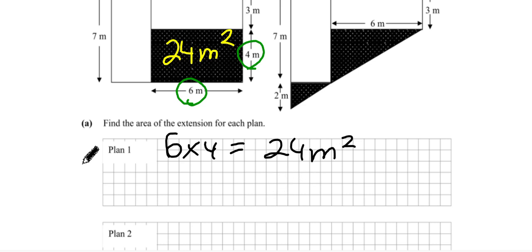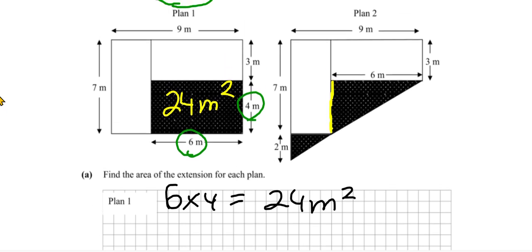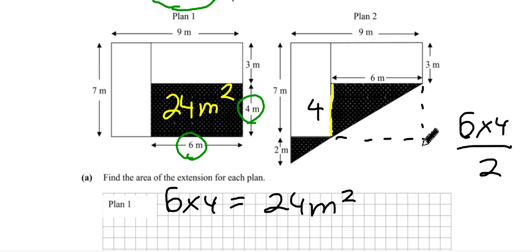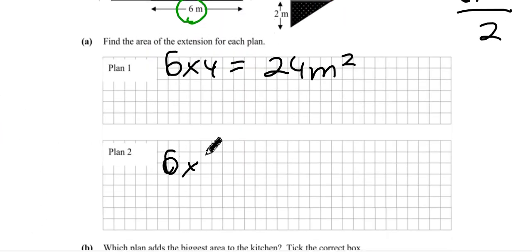Now the next one, however. Okay. Can anybody tell me the length of this yellow part here? No. It's 7 take away 3, which is 4. And now it's 6 multiplied by 4, but you have to half your answer, because it's not a rectangle, it's a triangle. So 6 multiplied by 4 divided by 2? 12.